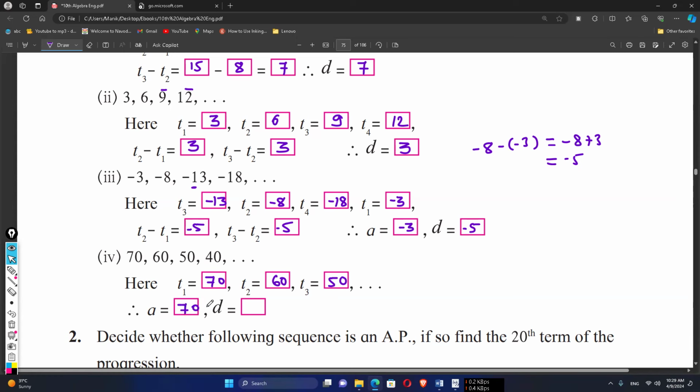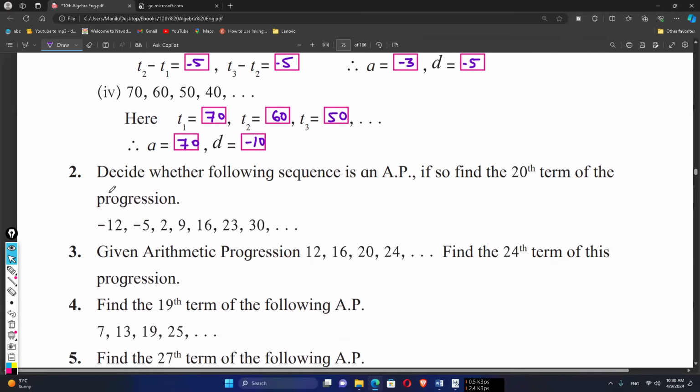And the common difference we can observe: to find the next term in this AP, each term decreases by 10, meaning the common difference d equals -10. So the first problem we have solved.